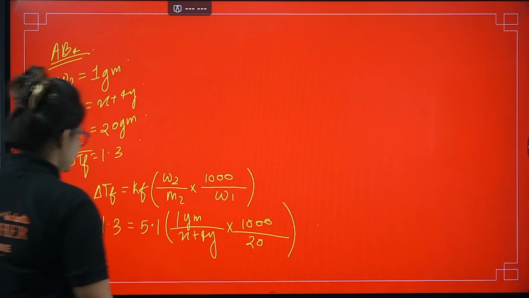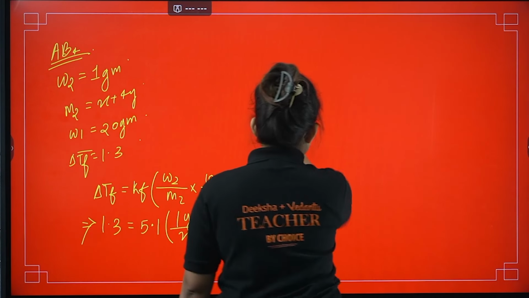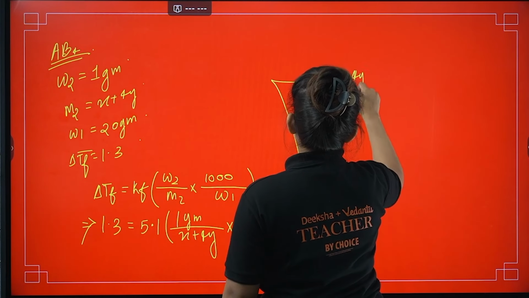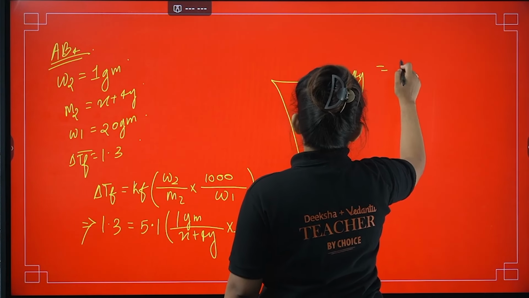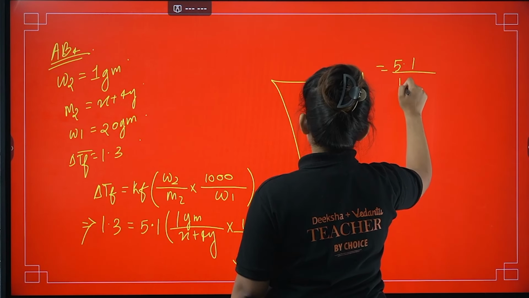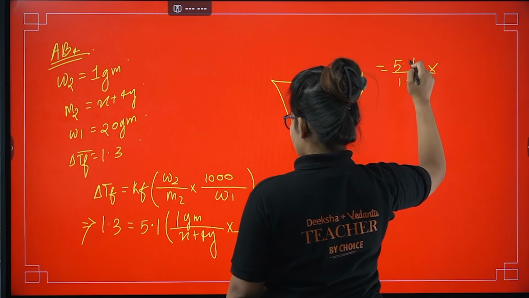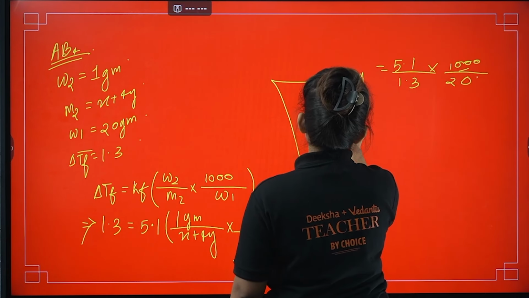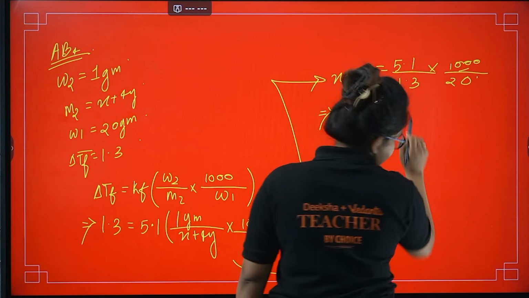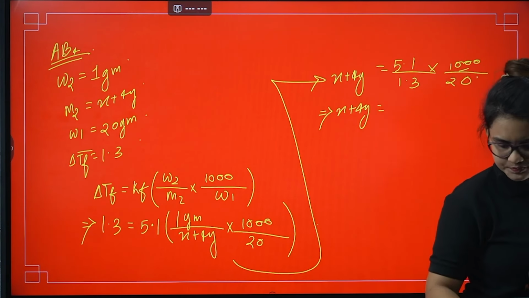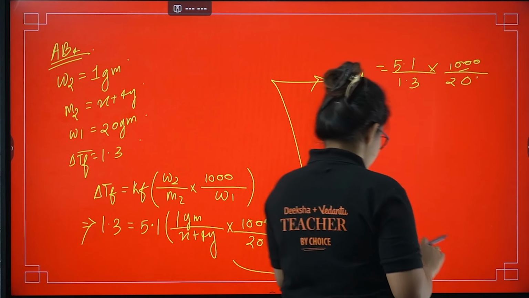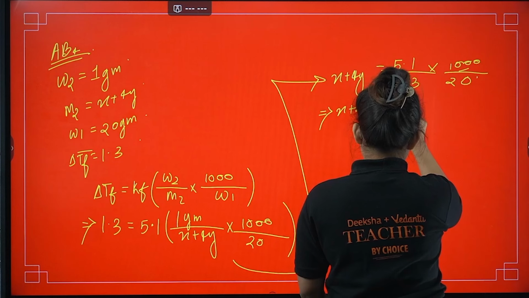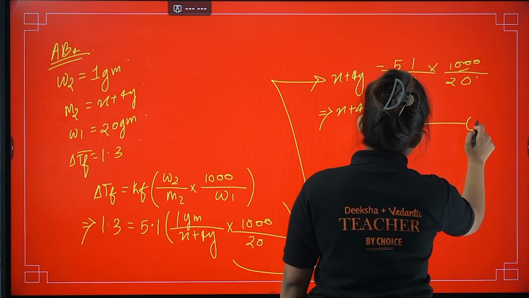Simplifying, x plus 4y equals 5.1 divided by 1.3 into 1000 by 20, that is going to be 196. This is your equation number 2.